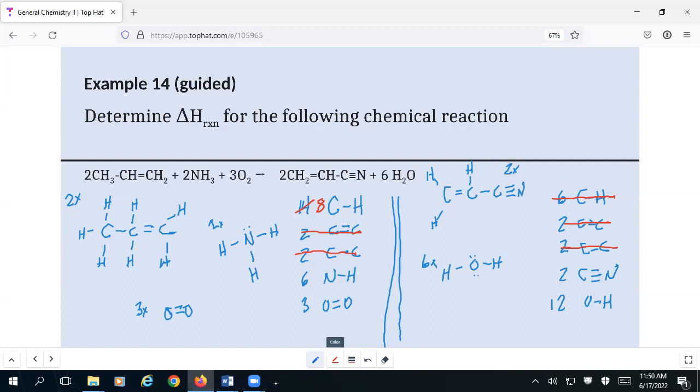Now I can grab my bond energies and tally it up. My 8 carbon to hydrogen bonds: a carbon to hydrogen single bond is 414 kilojoules. My 6 nitrogen to hydrogens, 389 each.